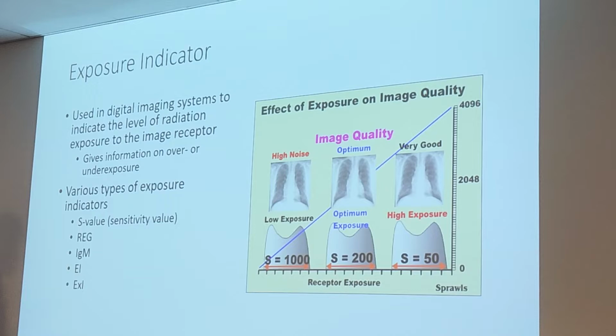S value ranges from 0 to 1000. It can go more than that, right? It's just your normal ranges will be somewhere around 75 to 600, depending on the body part and what equipment you're using.